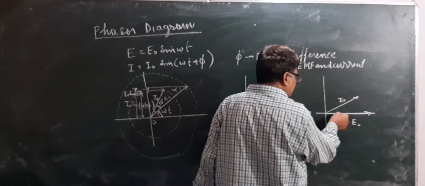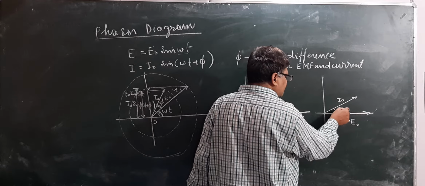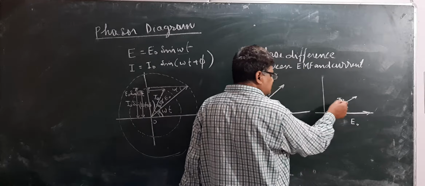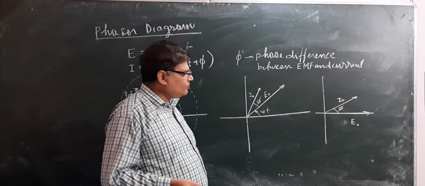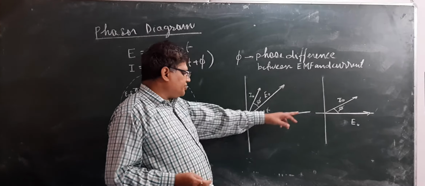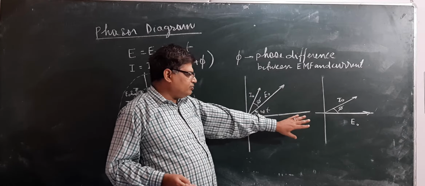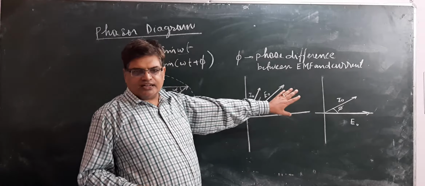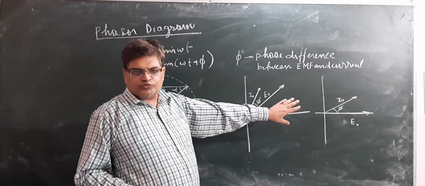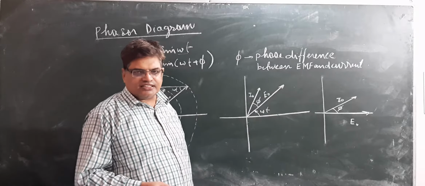Then in here we will only show this angle, that is phase angle between I naught and E naught, that is phi. So we have not taken into account omega t in this figure. We have only shown the phase angle between the EMF and the current in this diagram. So this is called a phasor diagram.